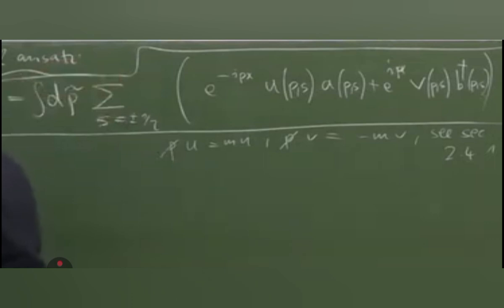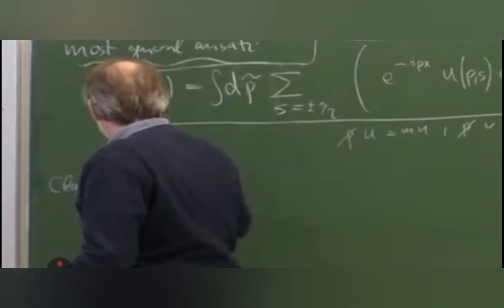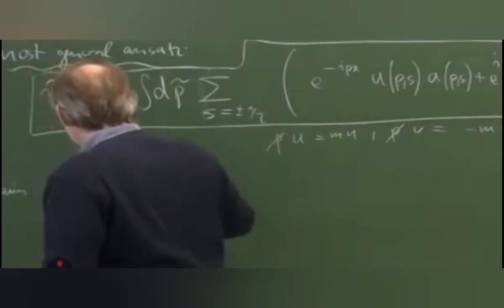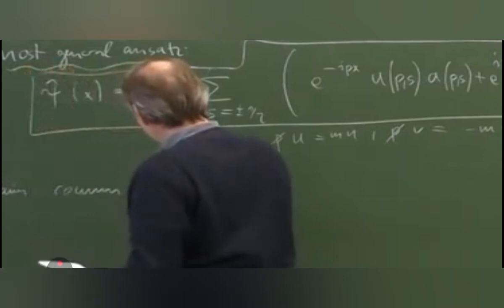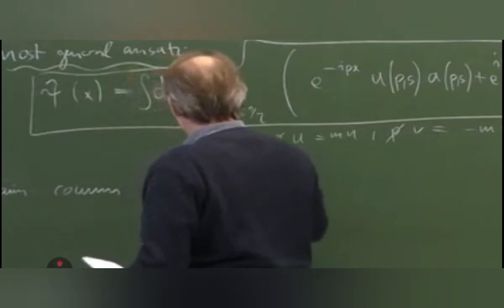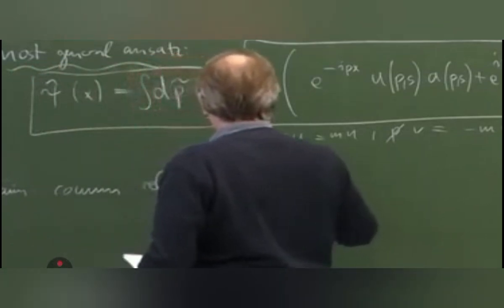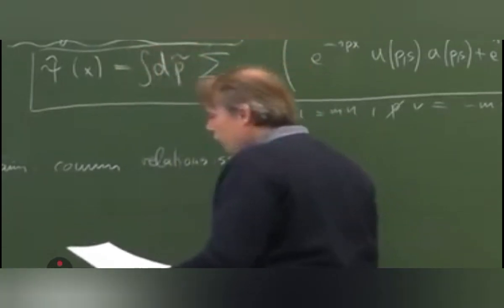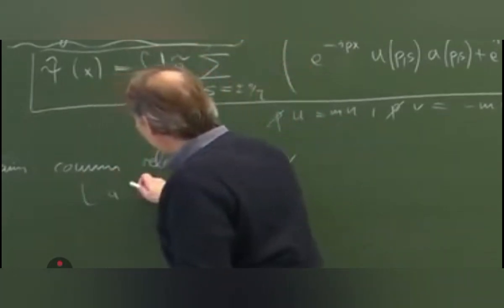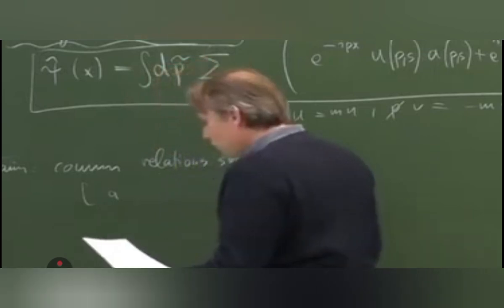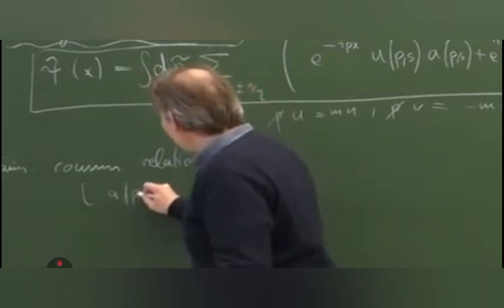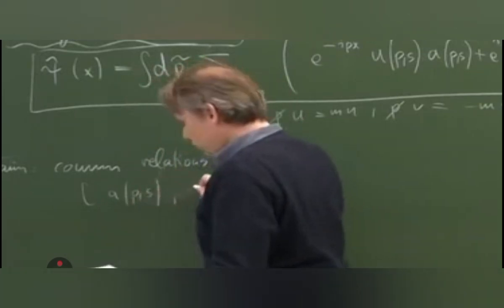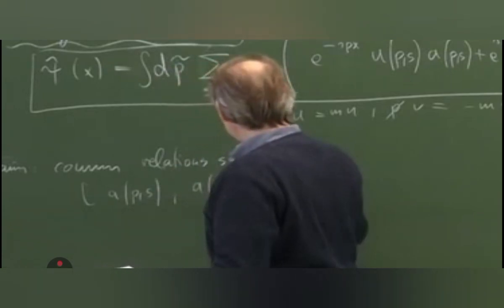And here I claim the commutation relations are solved by the following ansatz, namely commutation relations between A's and B's. So what do we need? A of P comma S, commutator with A of P prime and S prime.